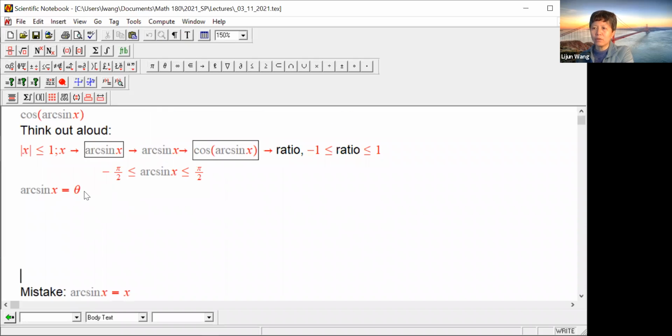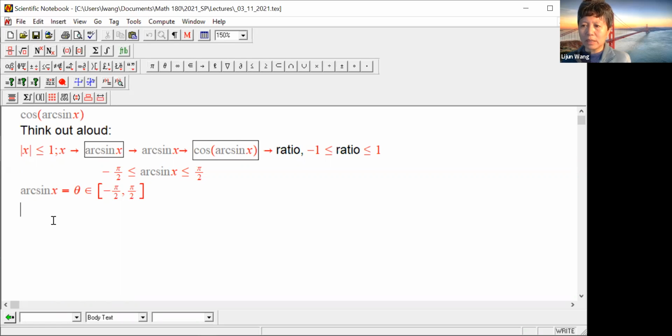We know this is an angle, and this angle is in the interval between -π/2 to π/2. So when we work with the cosine, what about cosine of this angle?